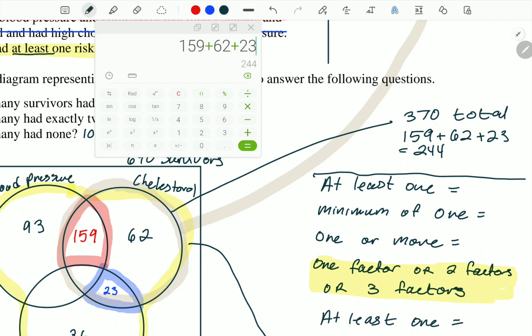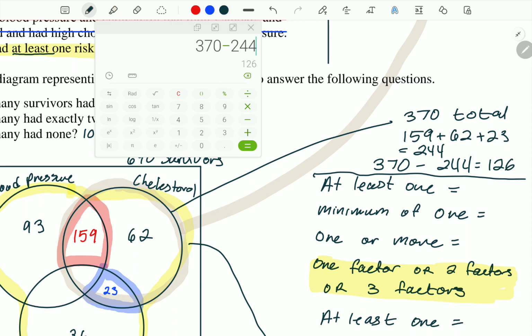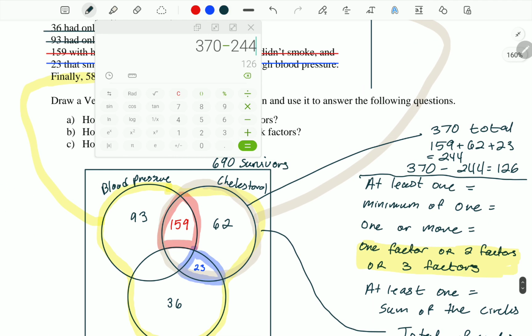Therefore, to find the missing piece, subtract 244 from 370. 370 minus 244. That should be 126, but let me double check. That is 126. And that's the missing piece.